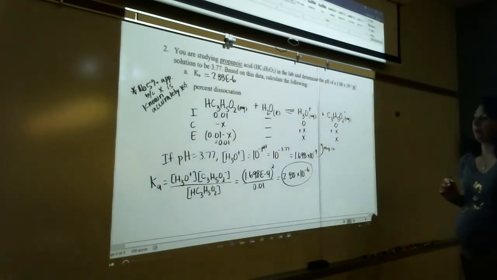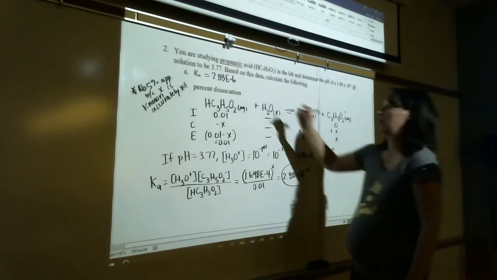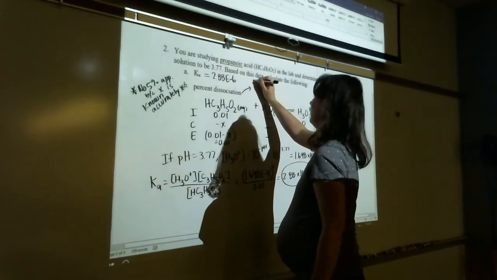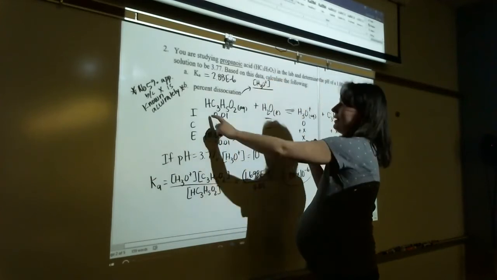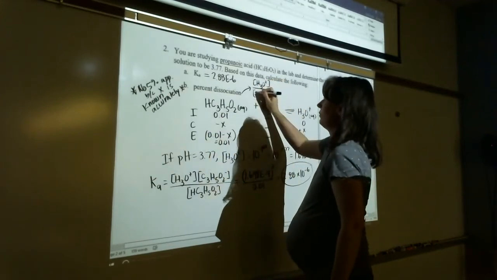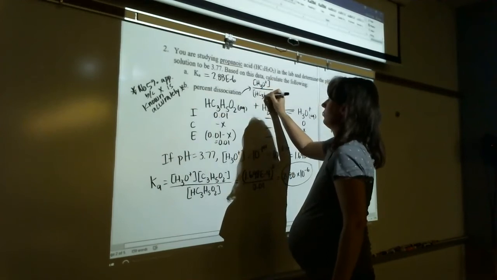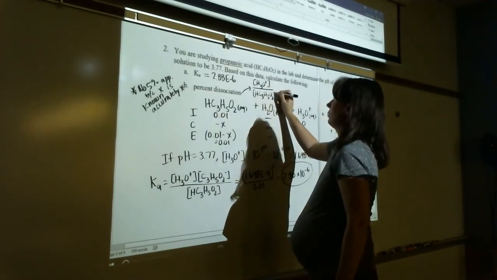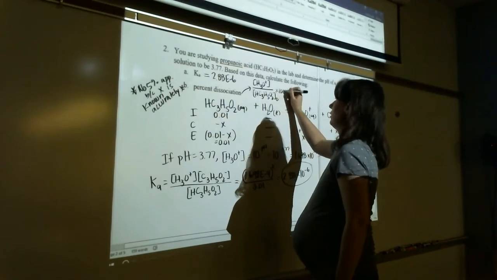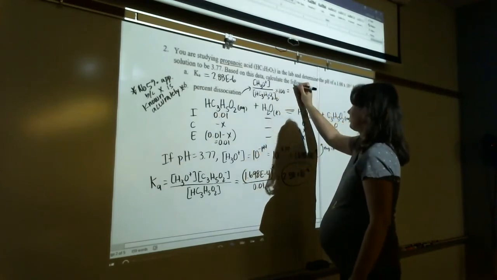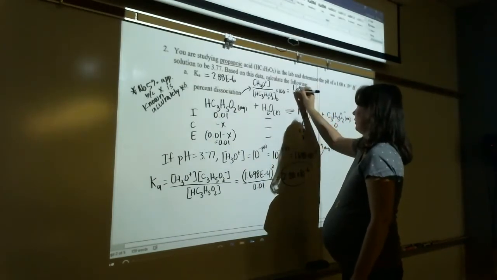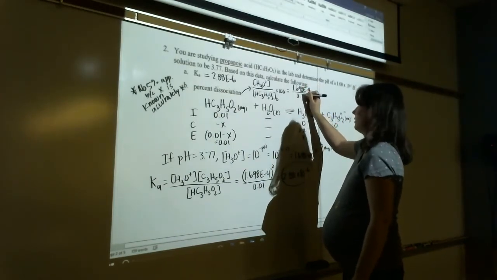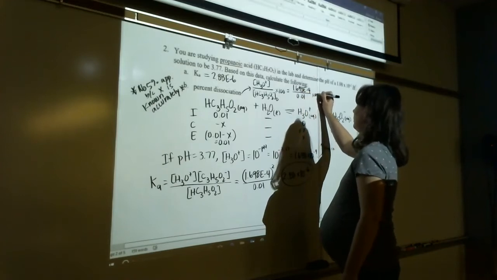And then how would I get percent dissociation? The same way I did in the previous problem. This is just going to be H3O plus over my initial concentration times 100. So that would be 1.698 times 10 to the negative fourth divided by 0.01 times 100.